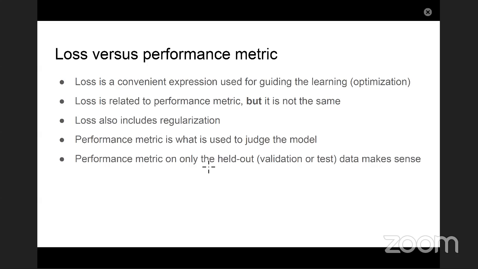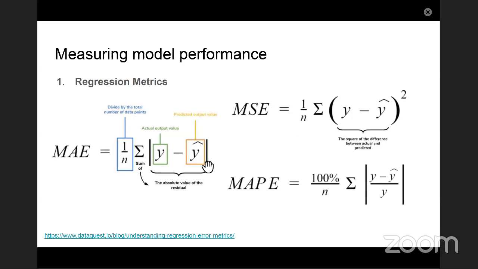Okay, let's move on. Now let's look at performance measurement. Performance measurement depends on what you are looking at. If you have a regression problem, then you can look at things like mean square error, mean absolute error, or you can normalize that error also, like MAPE. Mean square error means you will just look at (y minus t) the whole squared, divided by n.